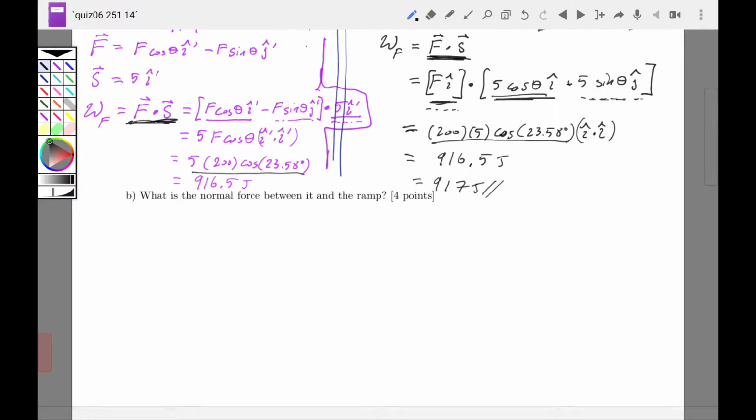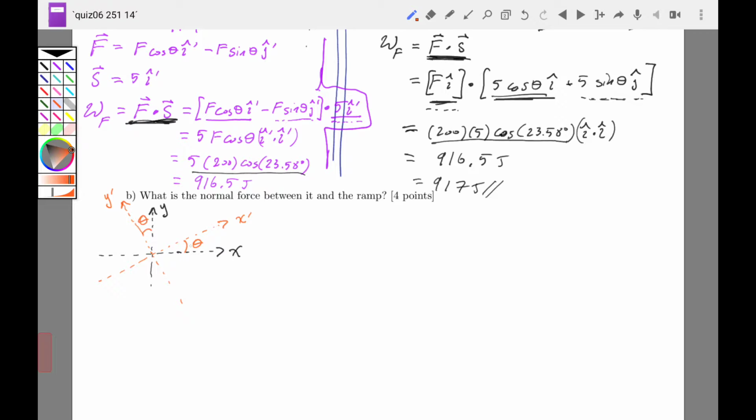Okay, so what is the normal force between the block and the ramp? Let me draw a normal coordinate system, then I'll draw a rotated coordinate system. This angle is theta, that angle is theta.